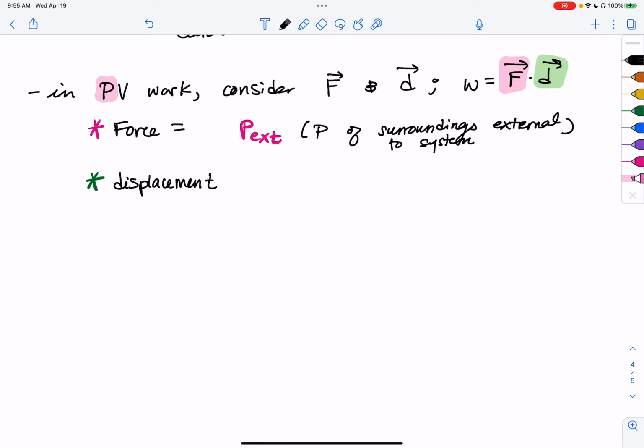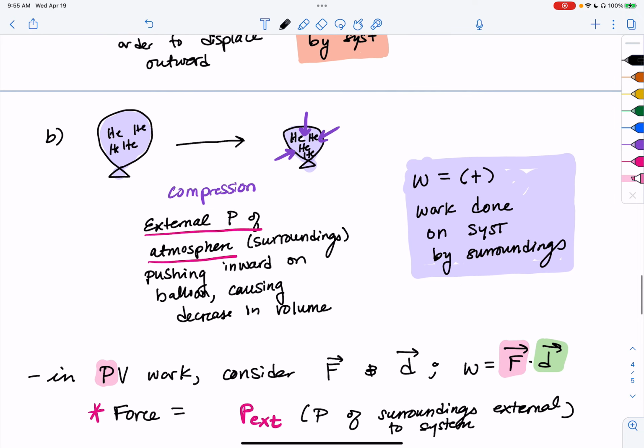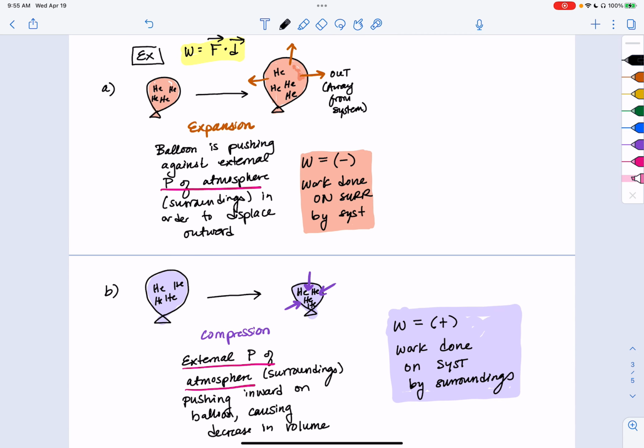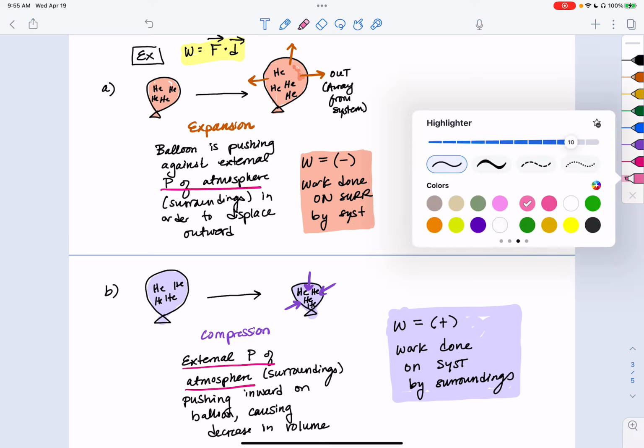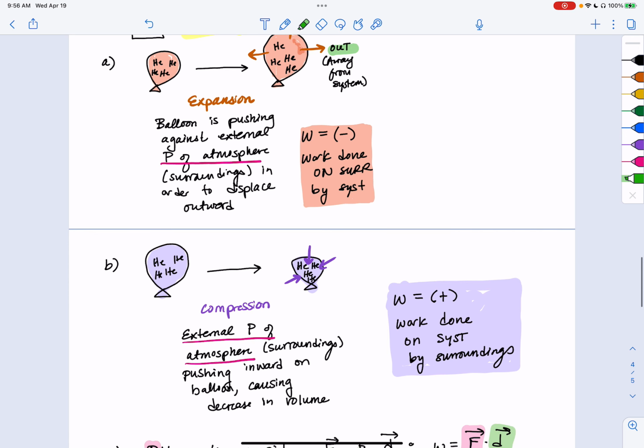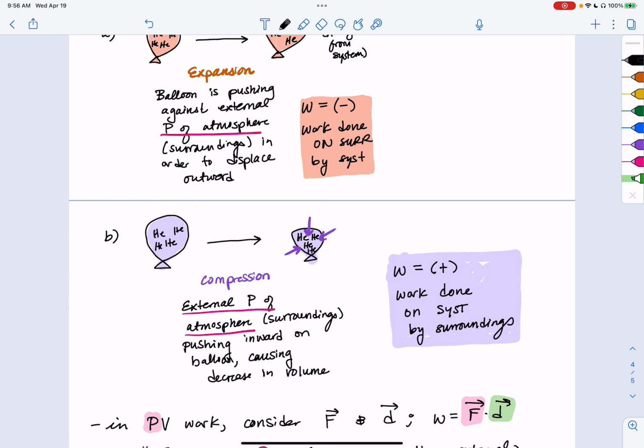And now, how about the displacement? Displacement is being moved from one position to the next. Even though in each of these examples we do have movement in three directions, we're still being displaced. We still had this outward displacement away from our system. That's what's happening in our expansion. We are moving from some kind of central point out. And here in compression, we are moving inward toward our system.